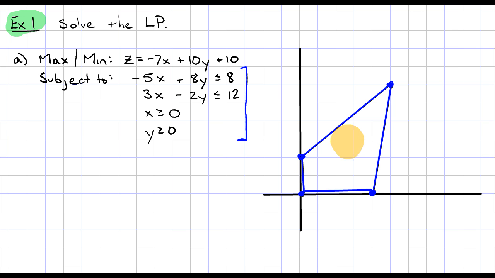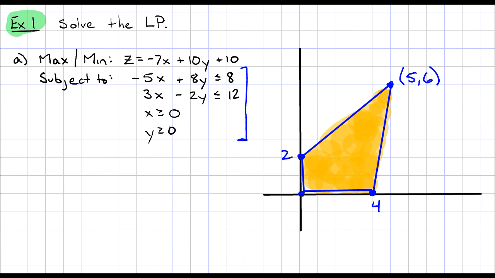Sorry, my pen wasn't working for a second. Okay, there we go. So this is the region determined by those constraints. And just like before, I need to identify where my vertices are. I would do this by finding the intersections of the relevant lines and using the RREF calculator function. This point is 5, 6. This point is 4, 0, and this is 0, 2.